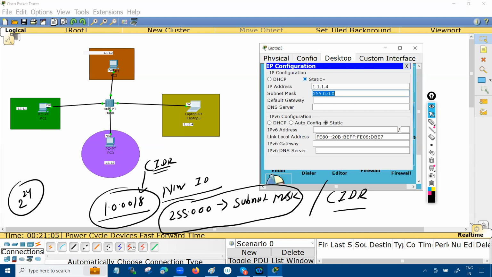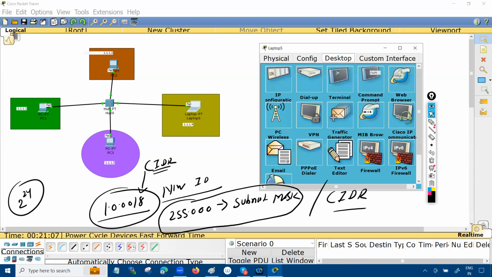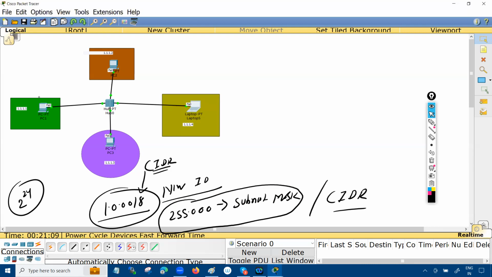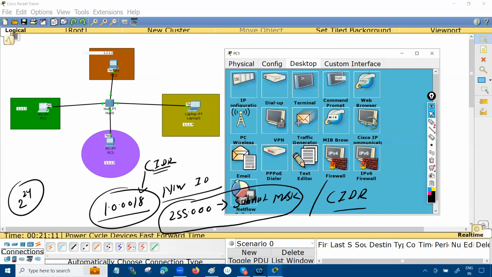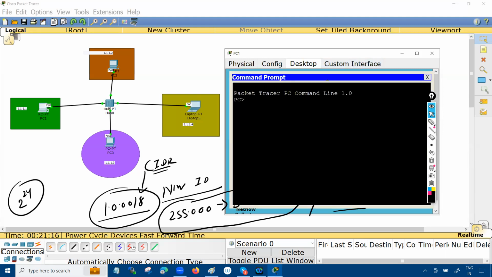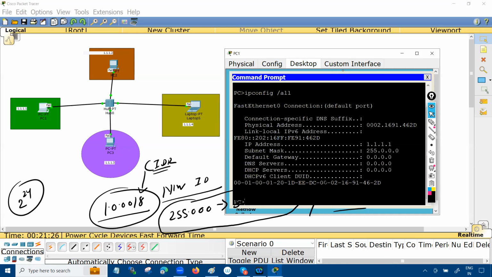Now, this is how you can configure it. Normally, if you want to verify your IP configuration on a normal PC, you have to go under the command prompt. So you can click on the command prompt over here, and you can see the configuration of the IP as well. That's the IP I defined on PC1, 1.1.1.1.